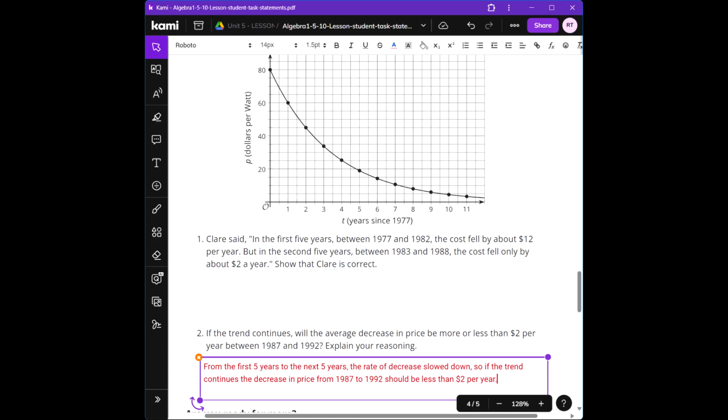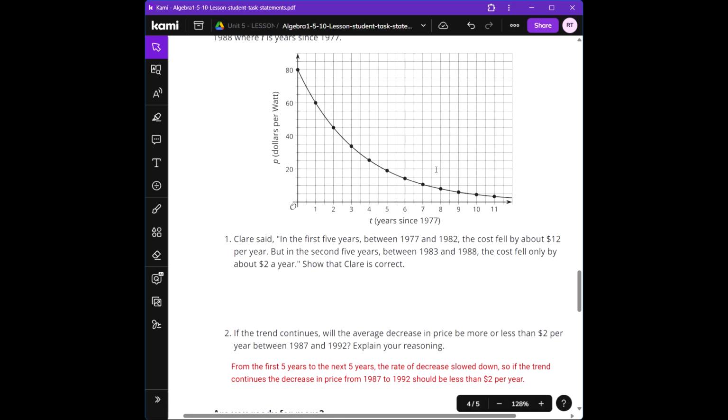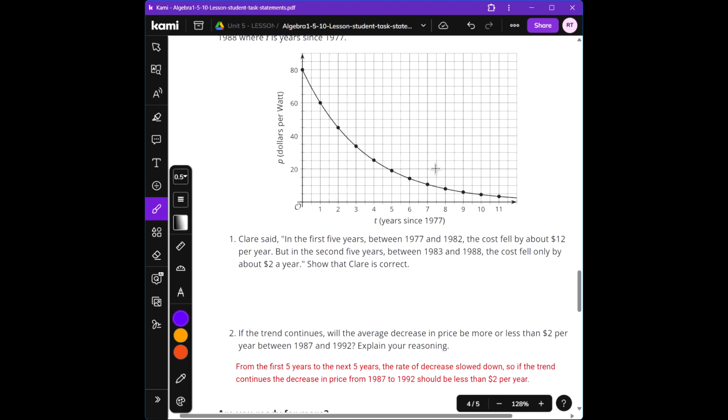Okay, so when we calculate this, we're going to have P of 5 minus P of 0 over 5 minus 0.